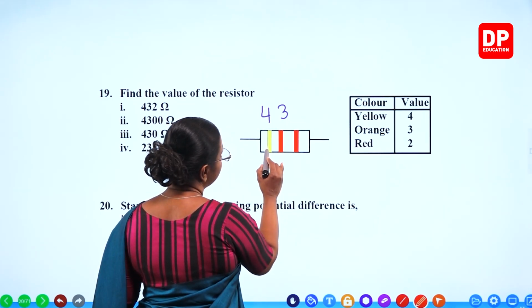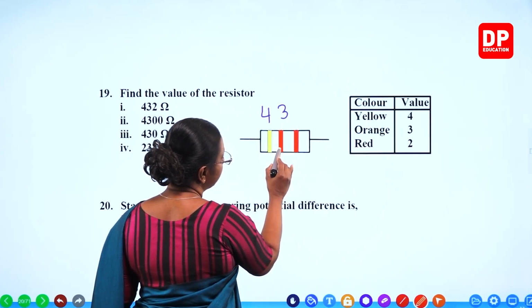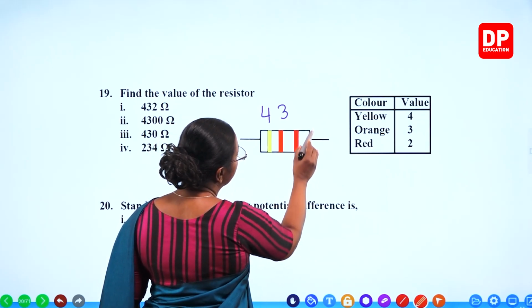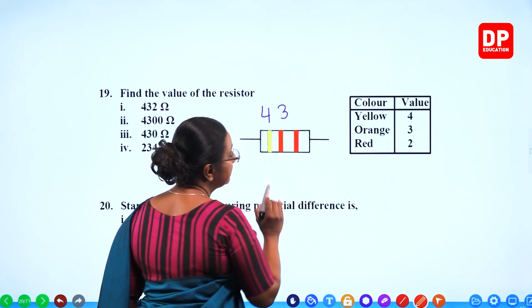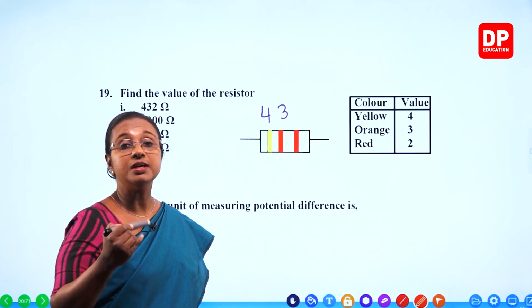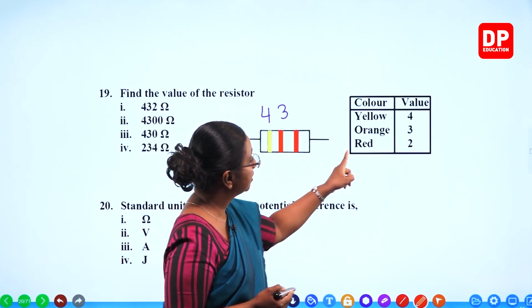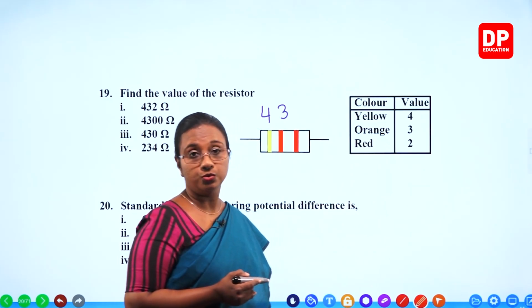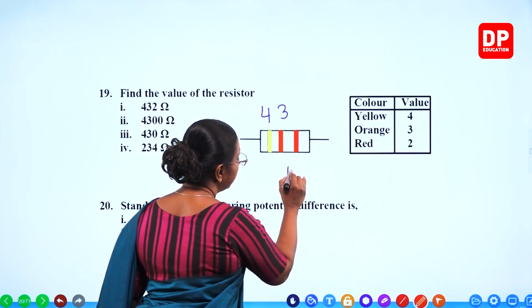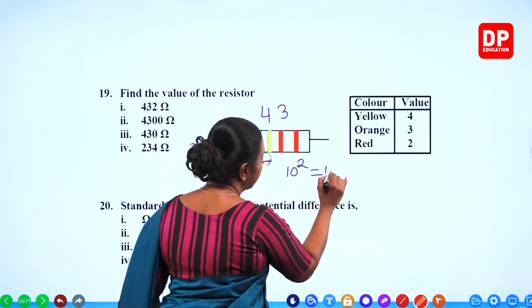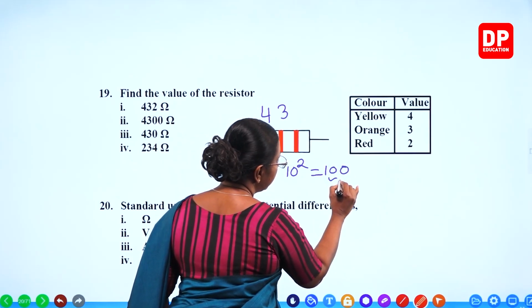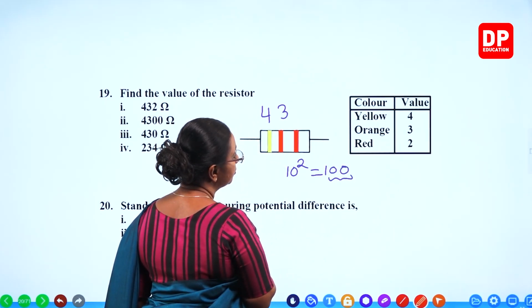So first one write the value 4. Second one write the value 3. Then the third color band is the index to the 10th power. Red color. So red means 2. So that means 10 to the power of 2, that is 100. You need to add 2 zeros there.